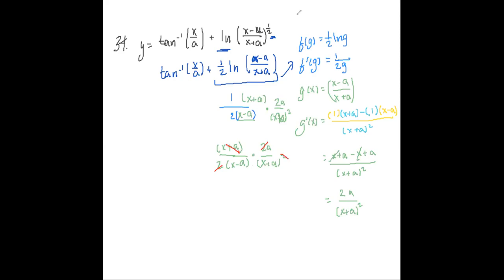And it gets turned into a over x minus a times x plus a, which is going to be a over x squared minus ax plus ax minus a squared.